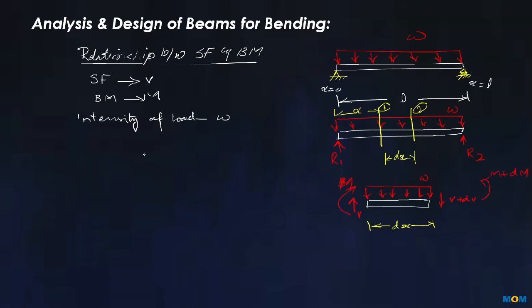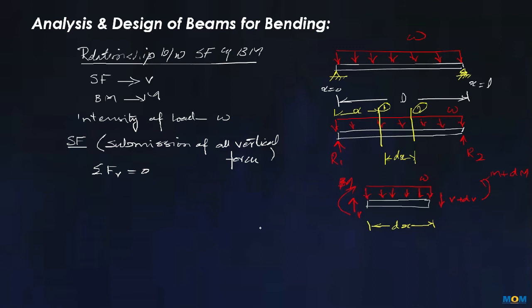So as we just described, for the shear force we calculate the summation of all vertical forces, that is sigma Fv is equal to 0.